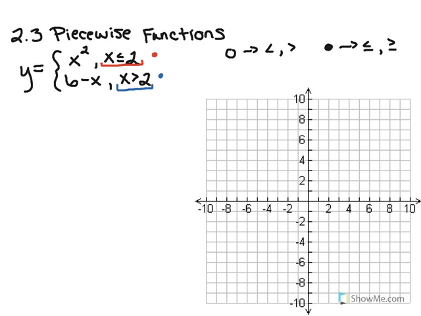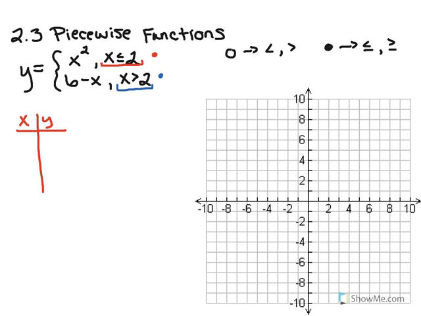The way that I like to start this off is I almost make a table for each piece of my function. Because I labeled the first one in red, I'm going to do the table for that part in red as well. So x, y. Let's pick some values that are less than or equal to 2.